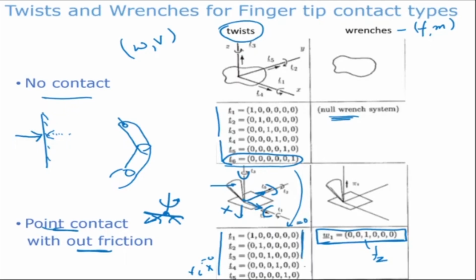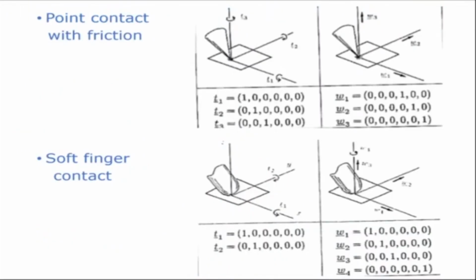So it has 3 angular velocities and 2 linear velocities. This is point contact without friction. Now this is a kinematic constraint. That means when this fingertip is making contact with the object, it is subjected to that kinematic constraint, which has to be satisfied always.